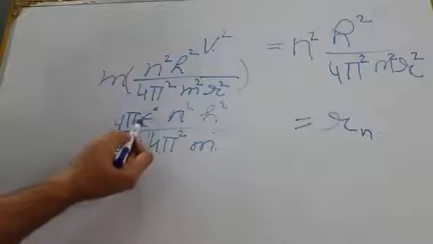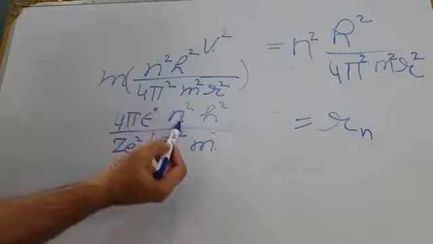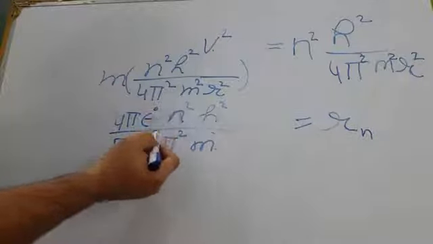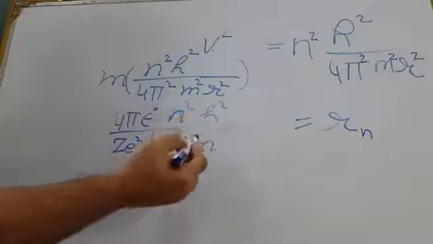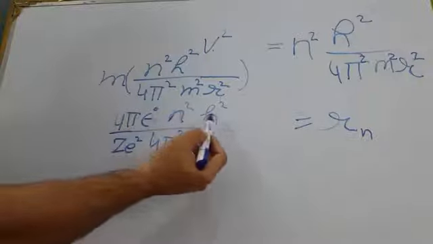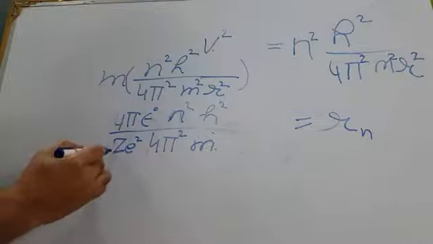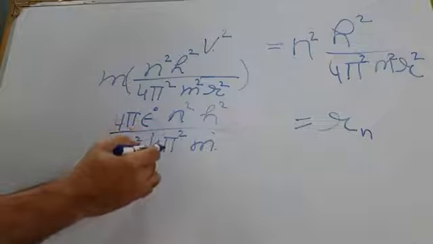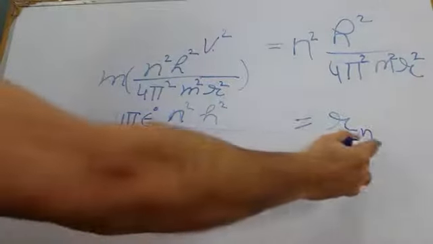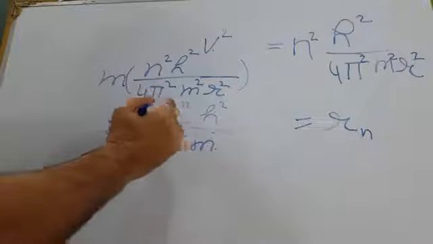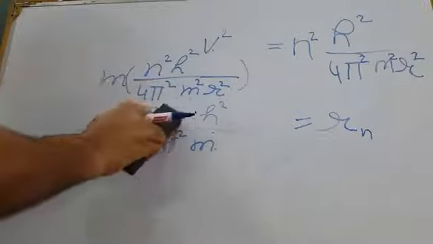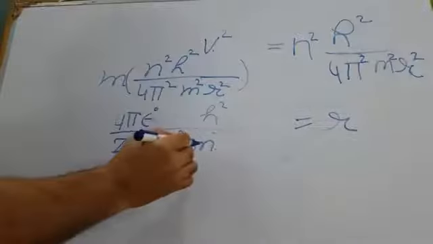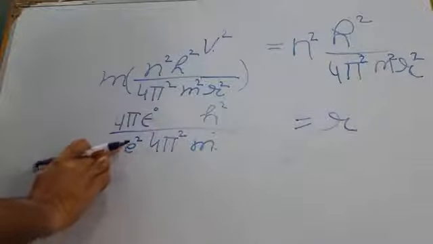We know the value of 4 pi epsilon 0. If we want to calculate r for any n, suppose for 1, then n shall be gone. h, the Planck's constant, we know. Z, we know. e, the charge on the electron, we know. Pi we know. m we know. That's why we can calculate this. If you calculate it for the first orbit of the hydrogen atom, then Z is also 1.